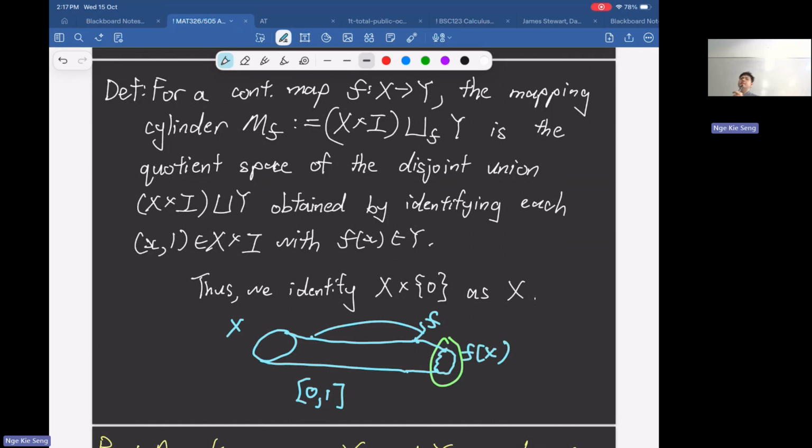This is the mapping cylinder. The point here is that the cylinder can deformation retract to X and deformation retract to Y. This requires proof, and this proof is quite tedious.